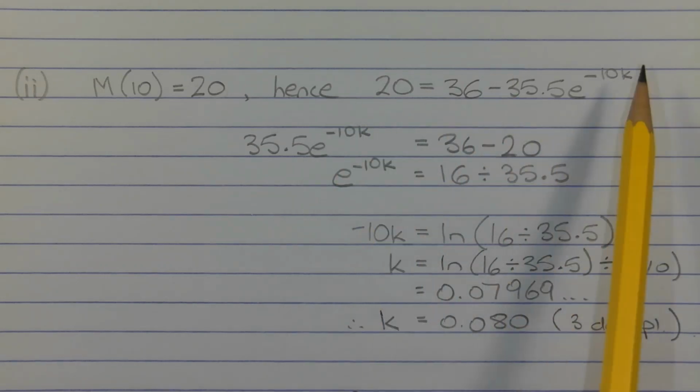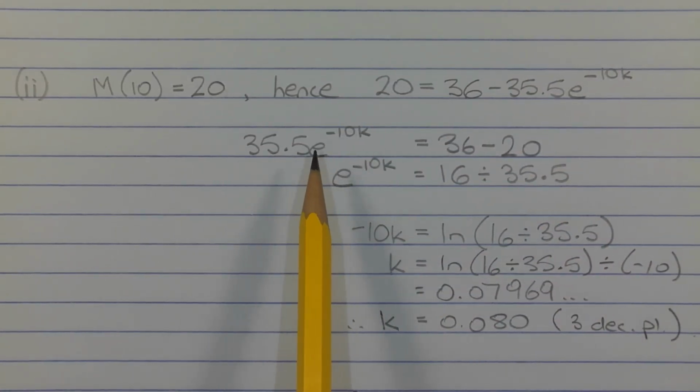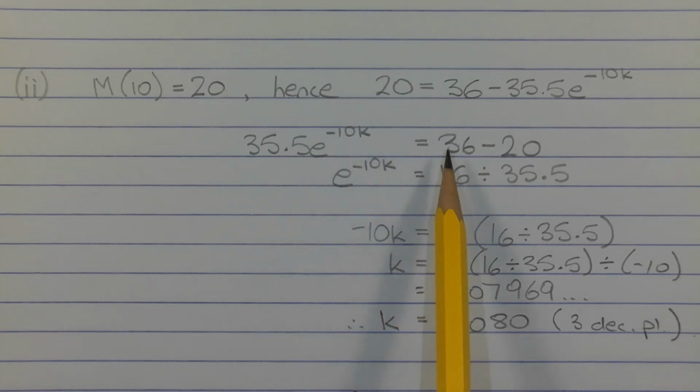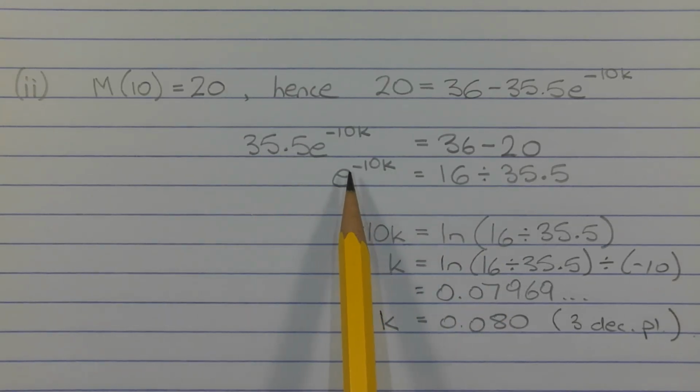Now we can rearrange this equation as so. So we have 35.5 times e to the power of negative 10k is equal to 36 minus 20. And 36 minus 20, of course, is 16. And we can divide that by 35.5 to make e to the power of negative 10k the subject.